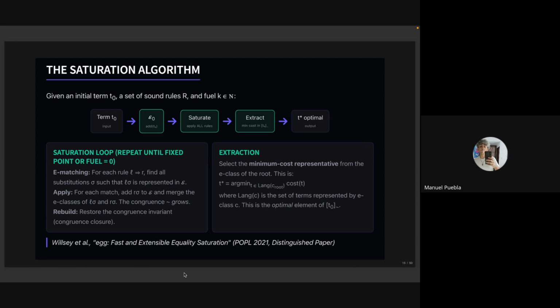Once you do that, you have the problem of extraction. I have this bag full of semantically equivalent expressions. How do I pick the cheapest one? Once you resolve that problem, you have an optimal output that is semantically equivalent to the input T0. That's the basic idea of what we're doing here.